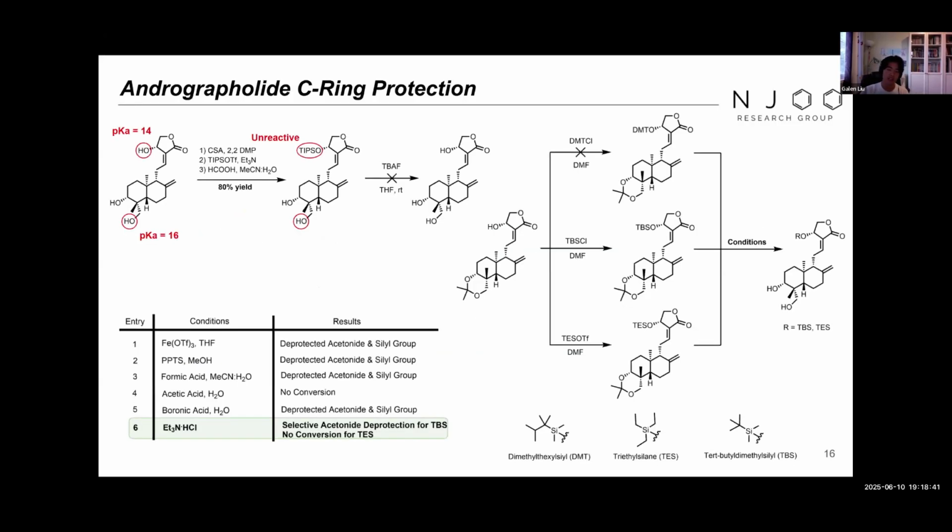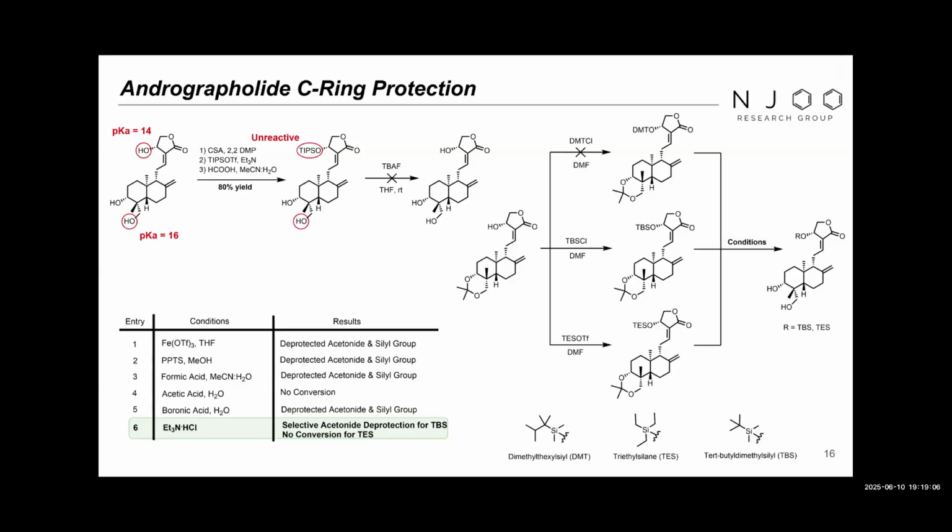In this study, we looked for various other groups at the C14 position, similar to TIPS but much more labile, in the hopes that we would be able to deprotect it much more conveniently than the TIPS group. So we attempted to attach a DMT silyl ether, the TBS, and the TES silyl ethers onto the C19 position.